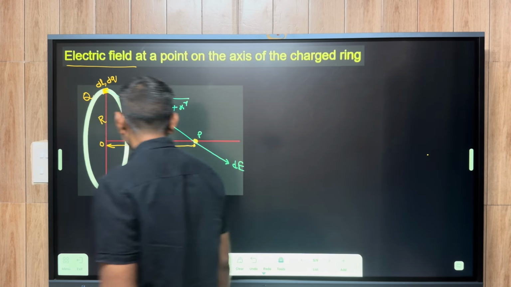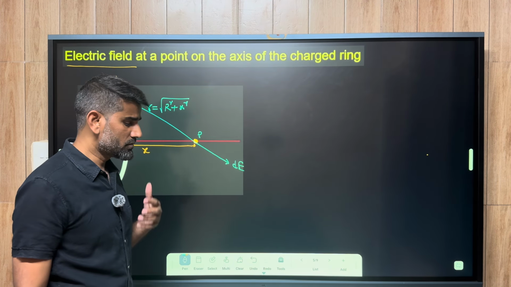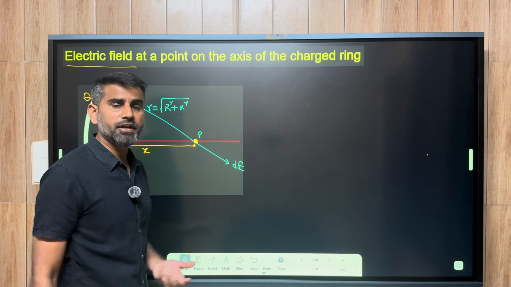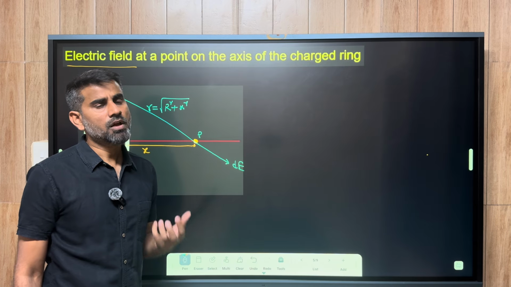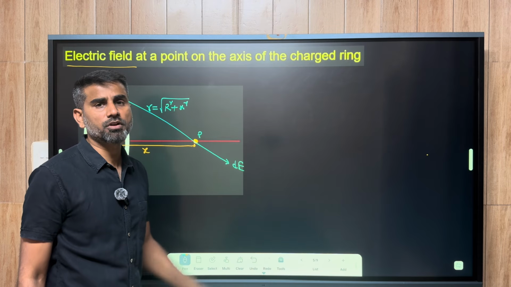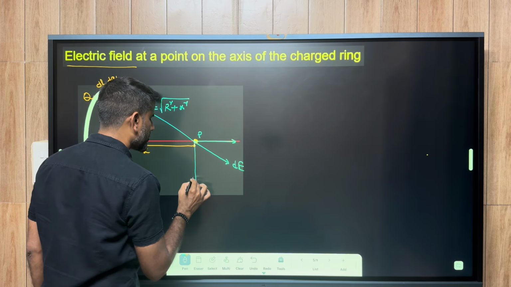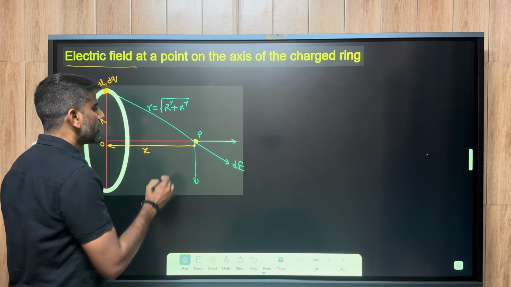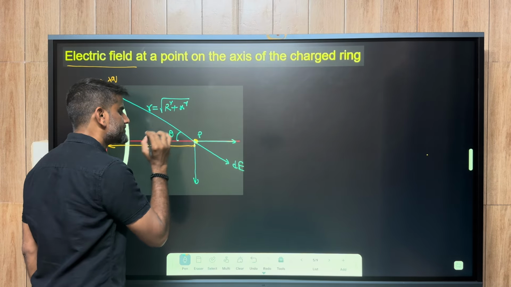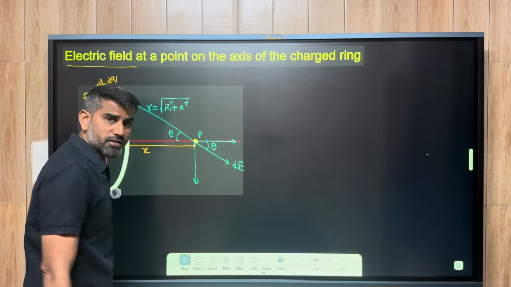Right. Now, as I've told you multiple times, electric field is a vector quantity, so we have to add them vectorially. To do so, I'm going to divide this electric field into two perpendicular components. Let this angle be theta; then this angle also should be theta.